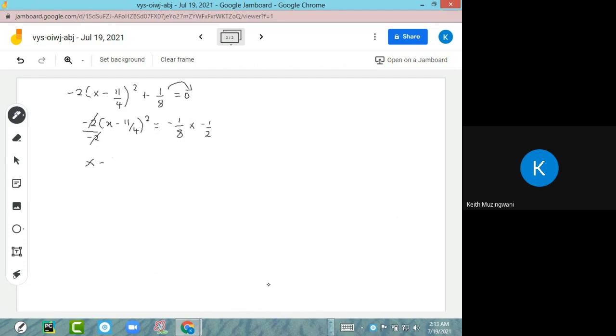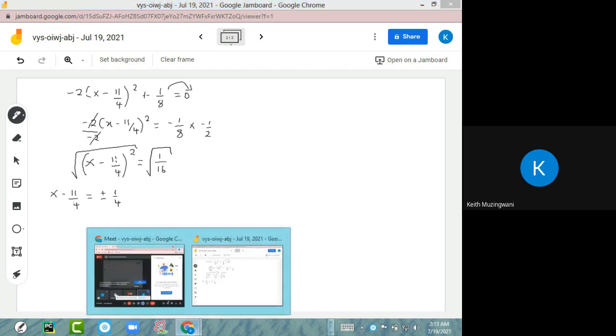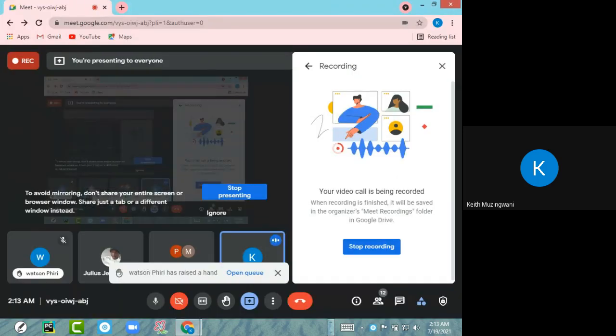Then we'll have x minus 11 over 4 squared is equal to 1 over 16. Get the square root on both sides. So we'll have x minus 11 over 4 is equal to plus or minus 1 over 4. The square root of 16 is 4, of 1 is 1.